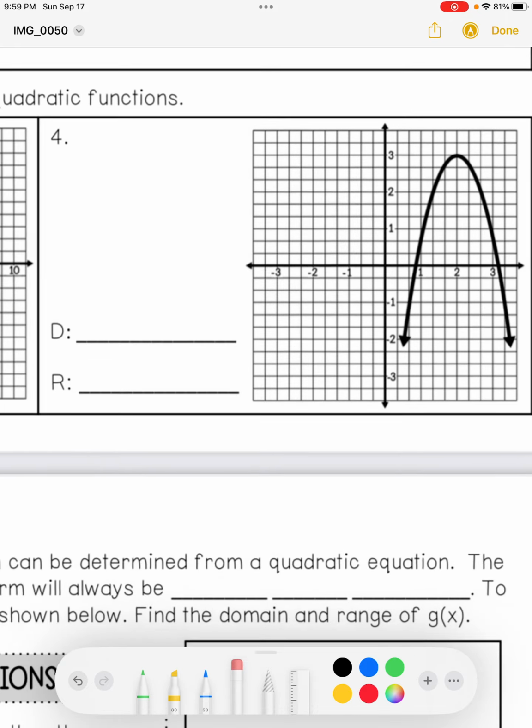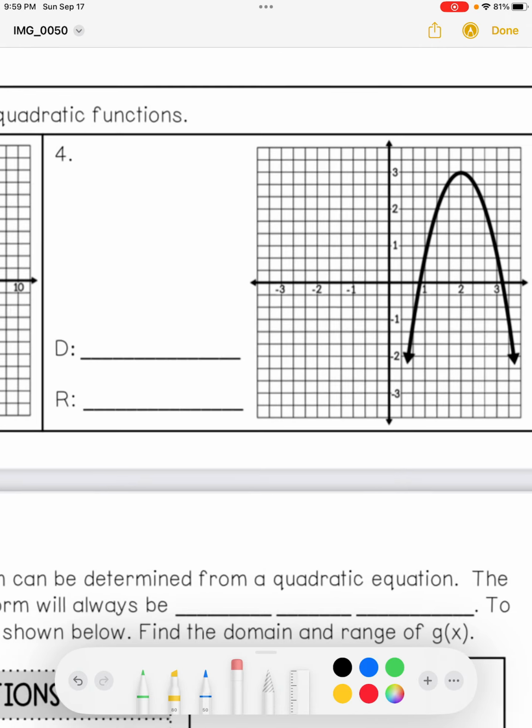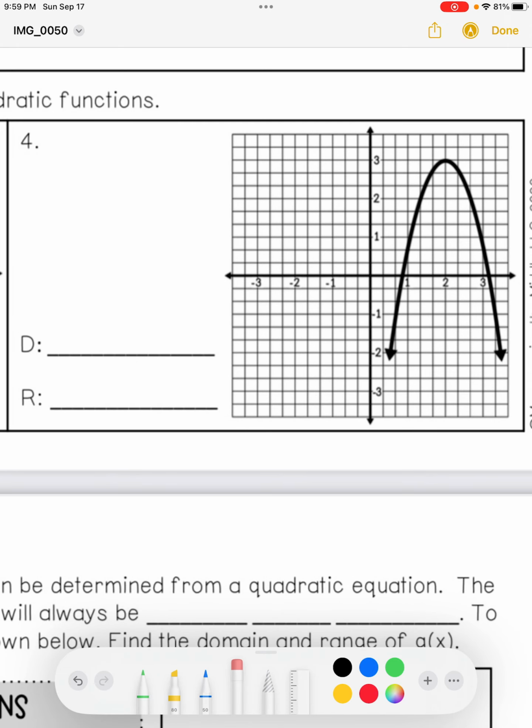All right, on to question 4, or at least 4 from this worksheet. So we're going to start with domain. What's the question we ask ourselves? Well, what values do I use for a domain? We use x values. Cool. What directions do the x values go? They go left and they go right.